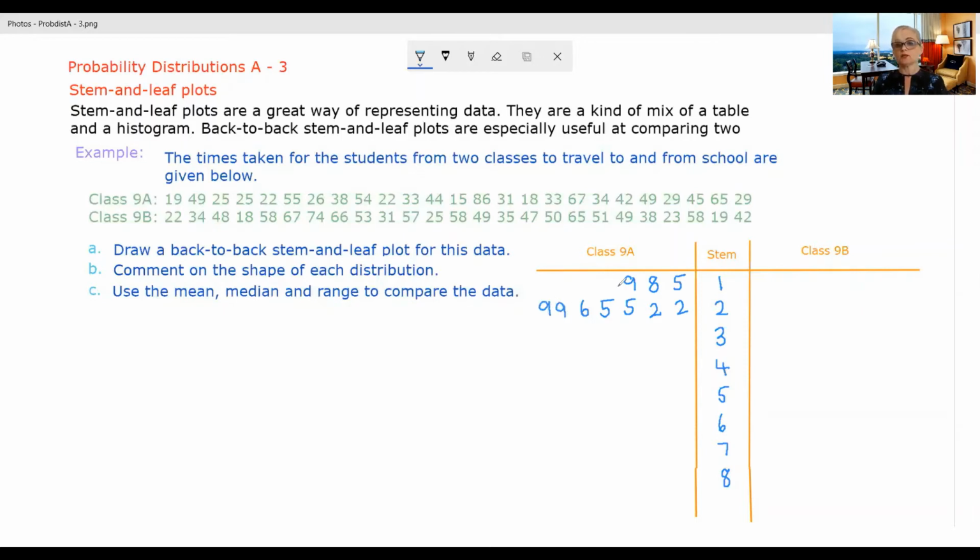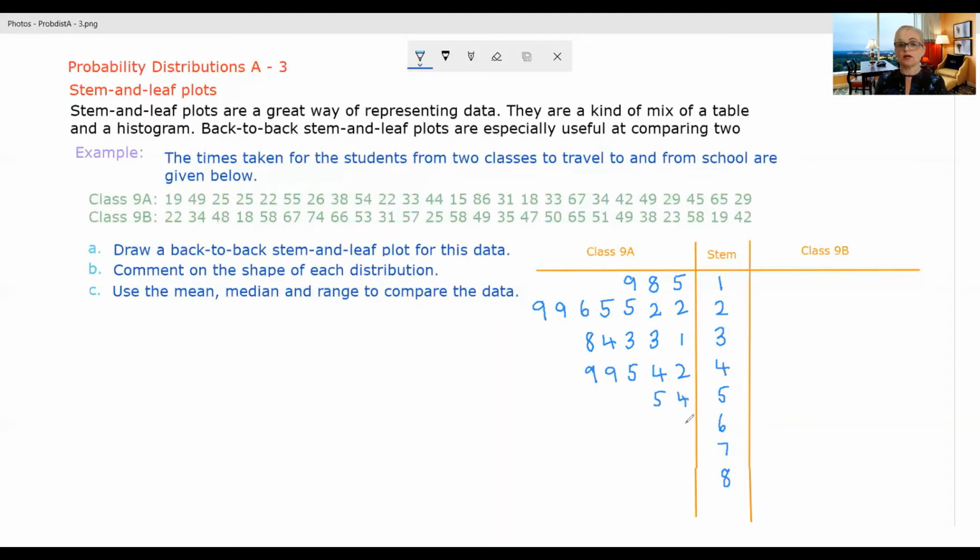So I've tried to put them in some sort of logical arrangement so that it looks a little bit like a histogram. All right, our thirties, we've got a 1, a 3, a 3, a 4 and an 8. Our forties, we've got a 2, a 4, a 5, a 9 and a 9. Fifties, we've got a 4 and a 5.